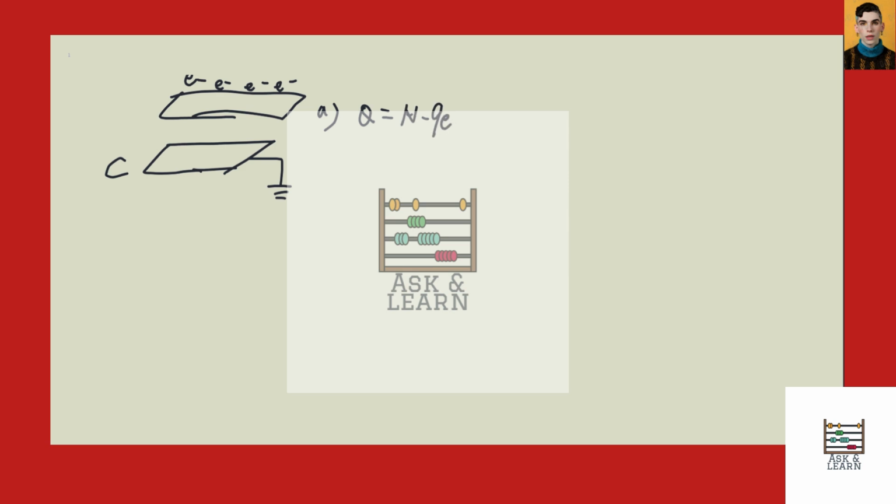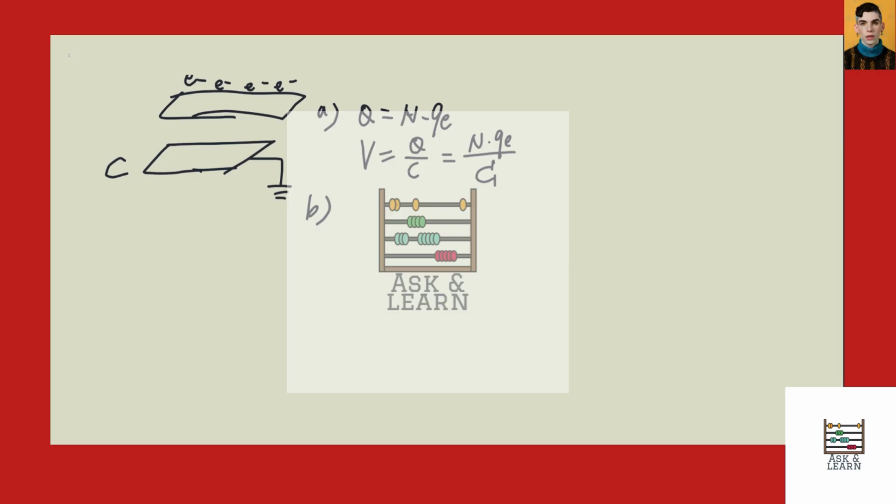And with that, we know the potential is Q over C. So V equals n times e over C, and apparently this is proportional to n, the amount of electrons flowing onto the top plane.